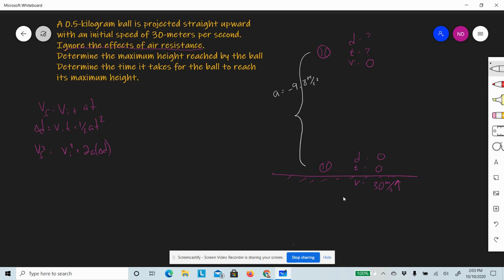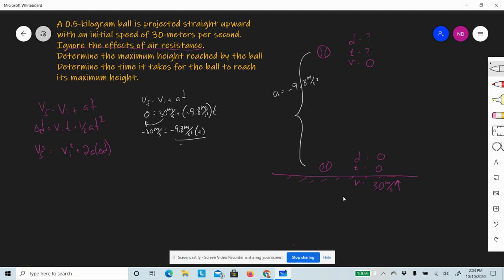All right, so now let's see. I always go to this first equation. VF equals VI plus AT. VF, the speed at the top, is going to be 0, equals the initial speed of 30 meters per second plus negative 9.8 meters per second squared times time. We want to know time. Bring this over here. Minus 30 meters per second equals negative 9.8 meters per second squared times time.